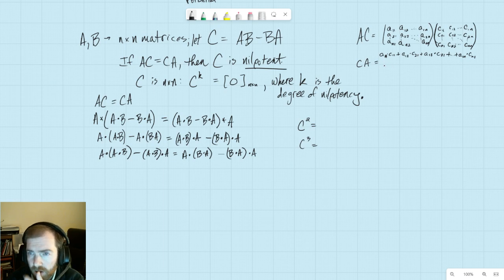CA, which is going to be the other way around. So this is going to be row 1: C11 A11 plus C12 A21 plus C13 A31, all the way out to C1N AN1.